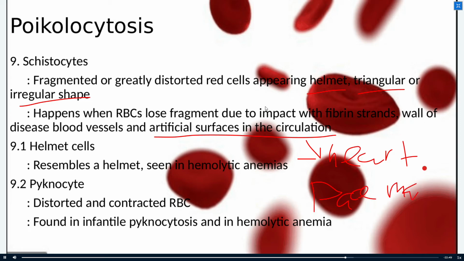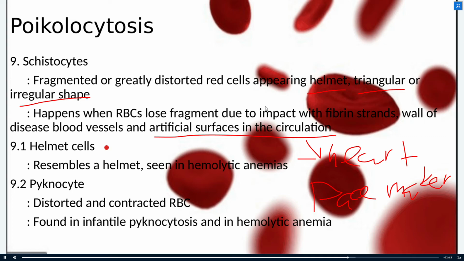So your pacemaker class, ilalagay yan sa puso nyo kapag slow na yung heartbeat. Now, what happens is that your RBCs would hit the surface of the pacemaker, and that would cause fragmentation or damage to the RBC. Ulitin ko, when there is a pacemaker or an artificial surface sa circulation nyo, your RBCs could hit them, causing fragmentation or damage to the RBC, leading to your schistocytes.